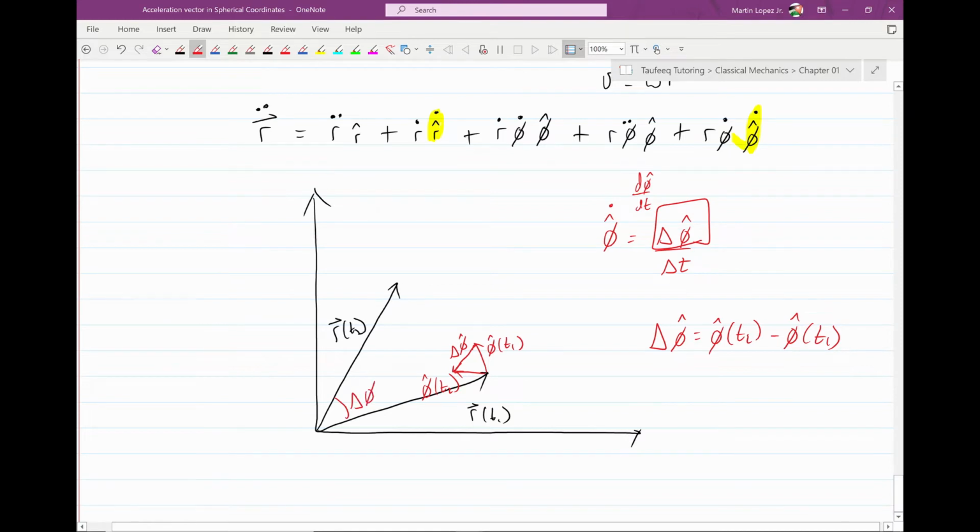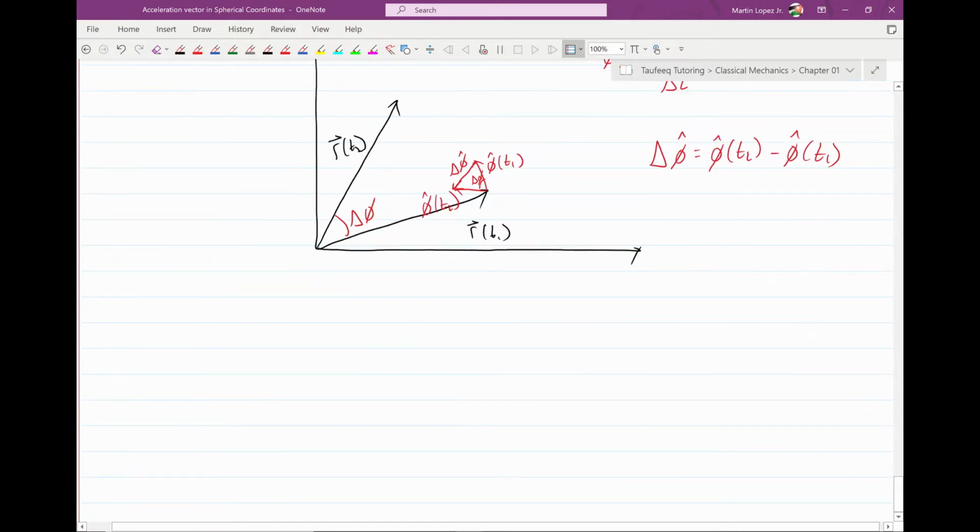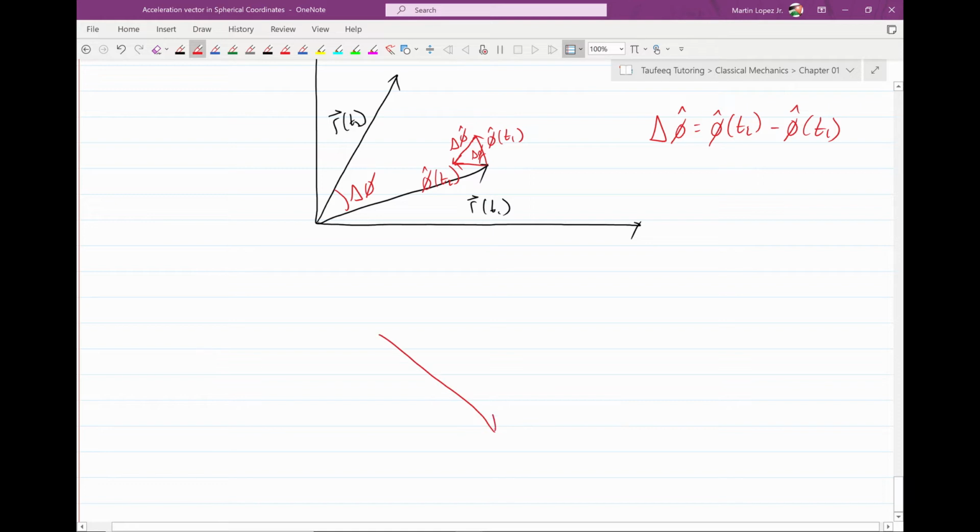And if we define similarly that this is delta phi, and the angle is preserved, so this is also delta phi, we have a sector that looks like this, where this part of the circle is delta phi hat. This angle is preserved, so it's delta phi.